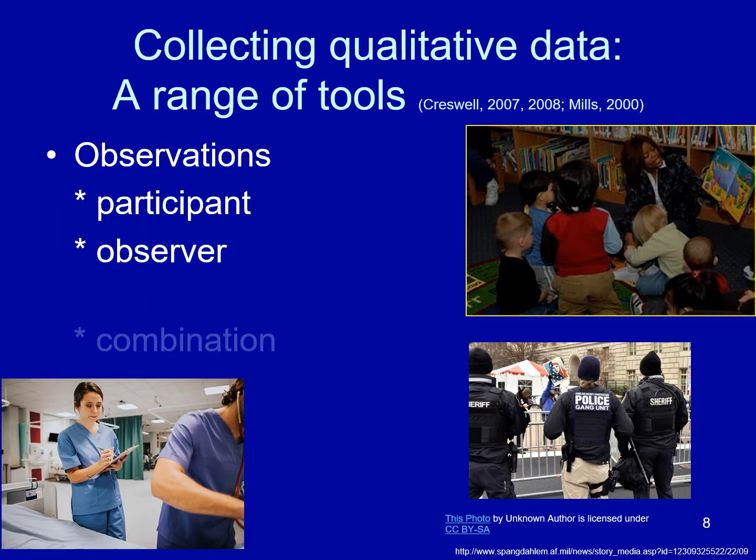So if we're collecting qualitative data, there are a range of tools. We could, for example, use observations, and this could be in any type of setting, whether it be a health setting, a legal setting, or an educational setting. But there could also be a combination.